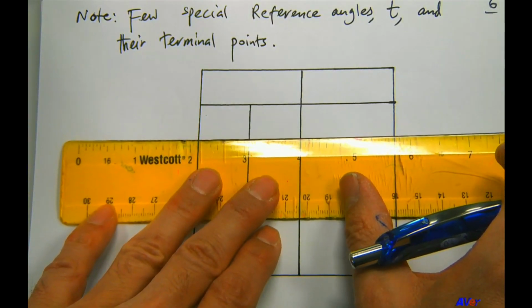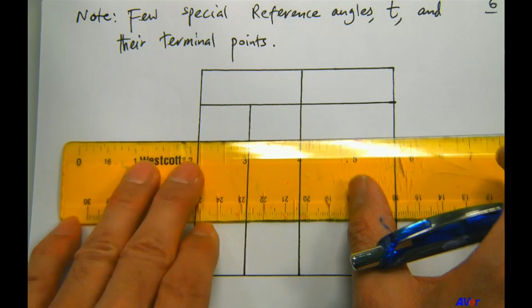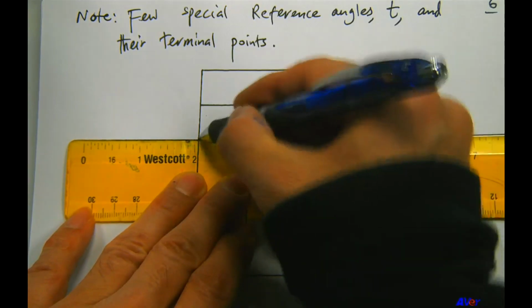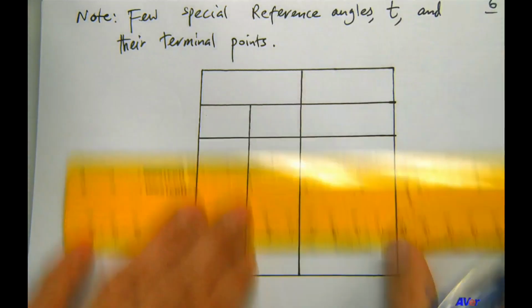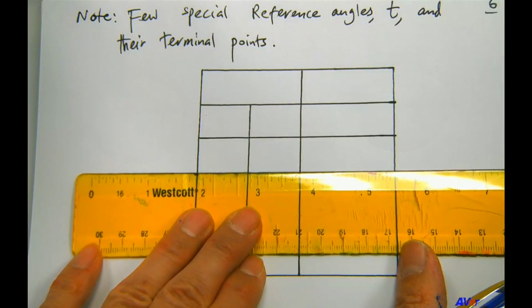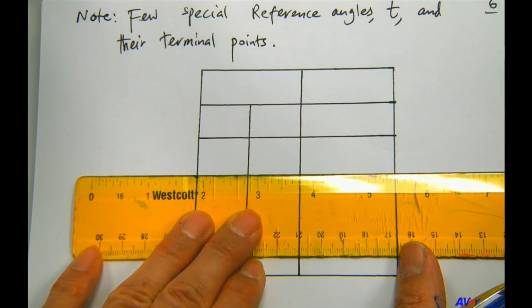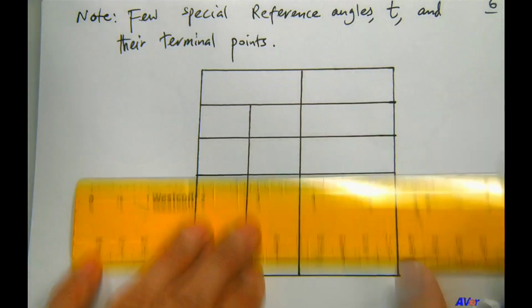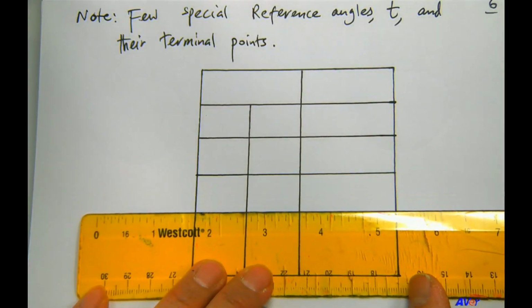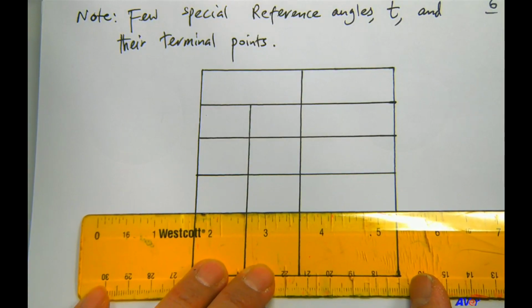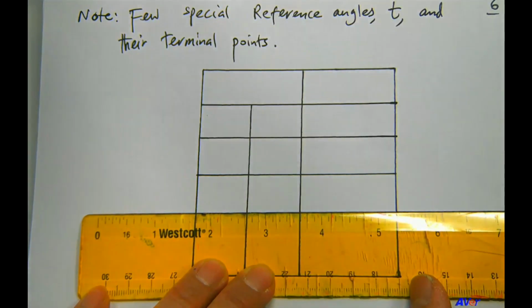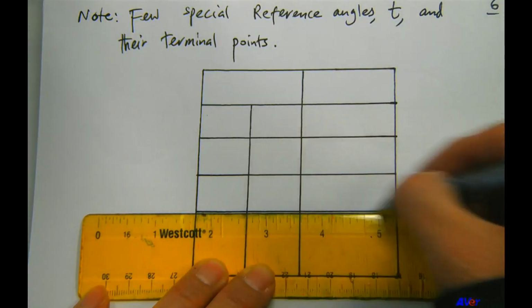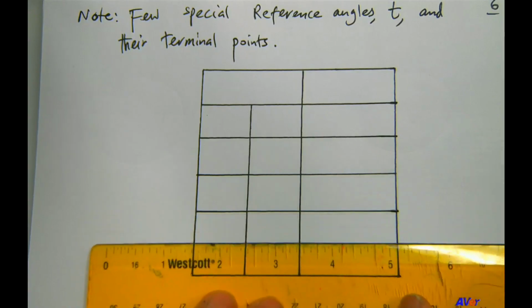So we need, let's see, 1, 2, 3, 4. I guess we need one here, 1, and then 2, 3, 4.